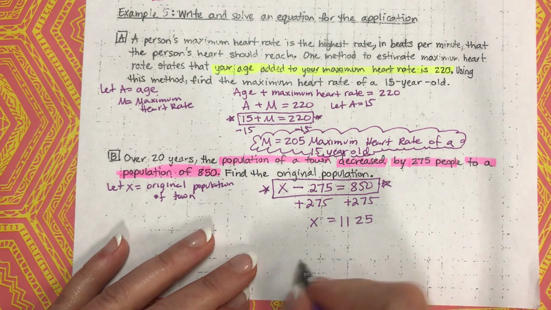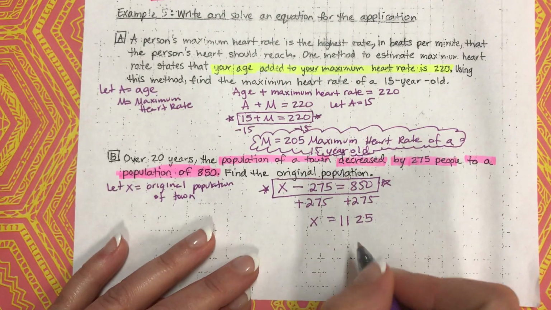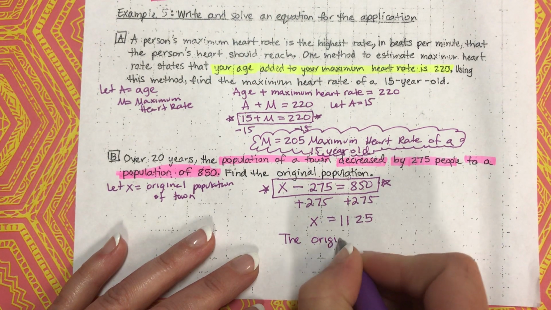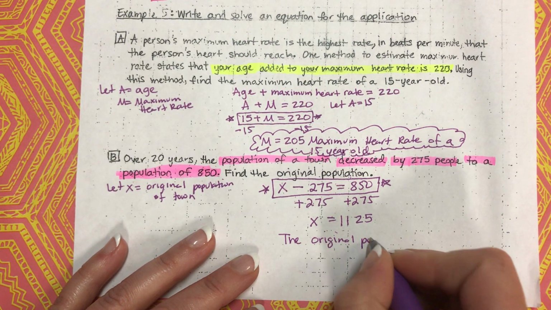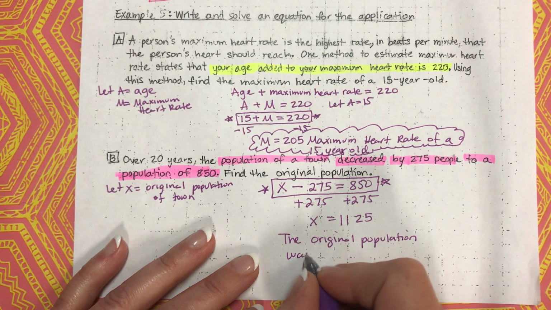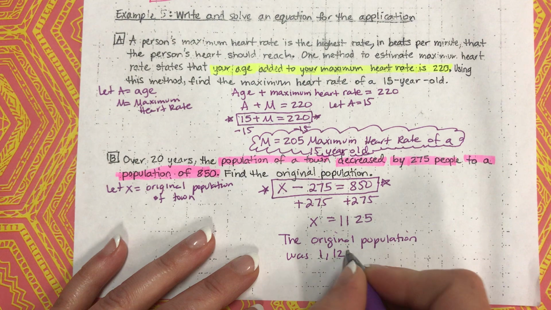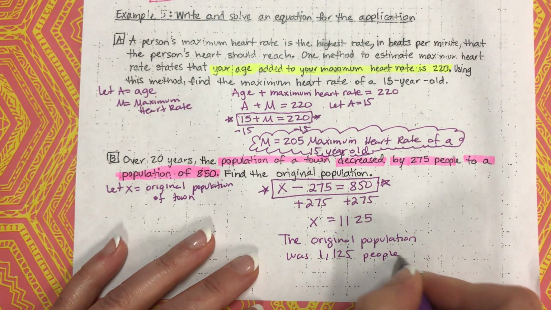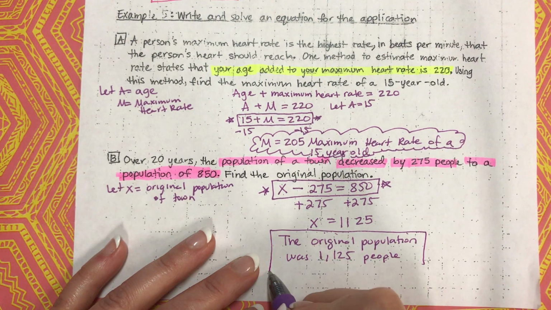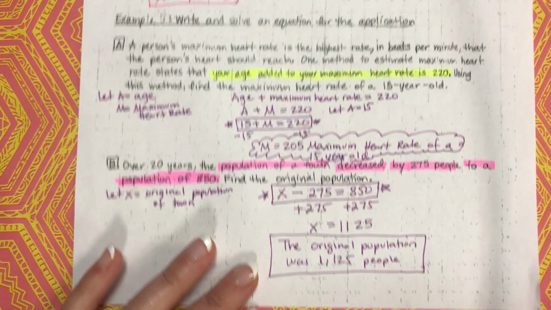So there's the original population. So the original population was 1,125 people. And there we go. That's how that one works.